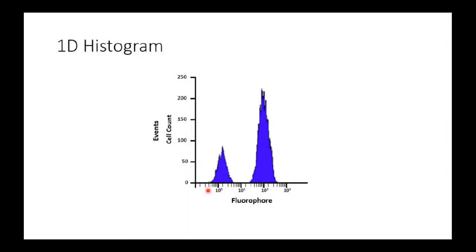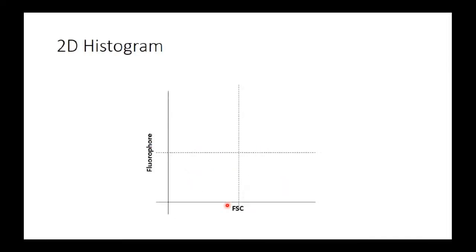What I can do further is combine this data with other data I have. For example, I can combine the data obtained from the fluorescence detectors with the data obtained from the forward scatter detectors. So here I have the fluorescence and here I have the forward scattered light.